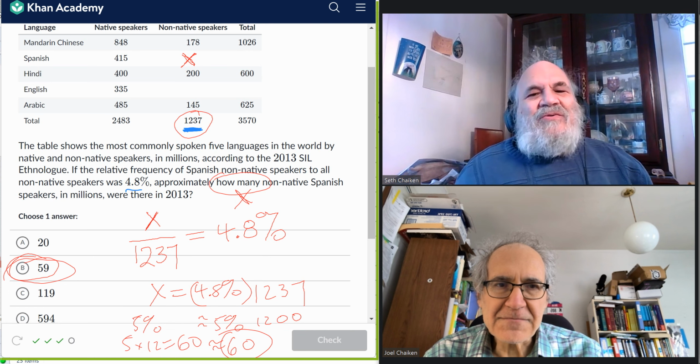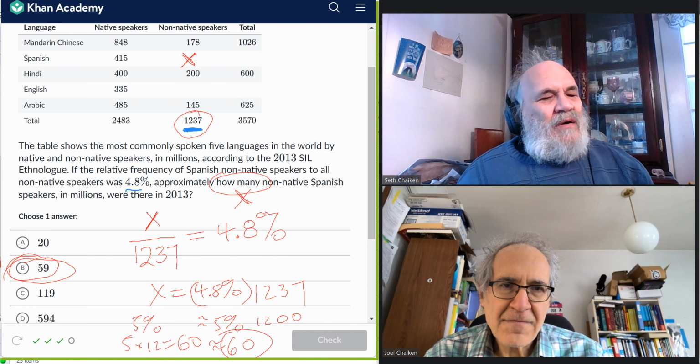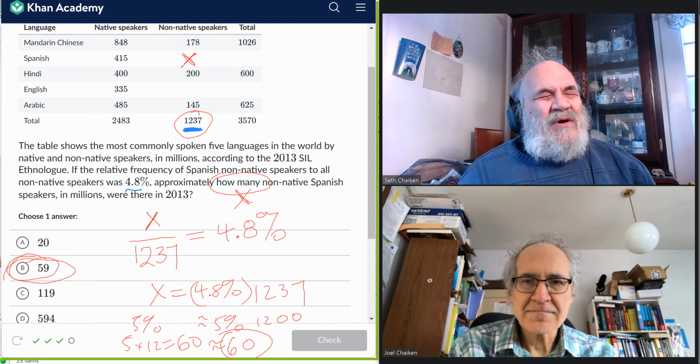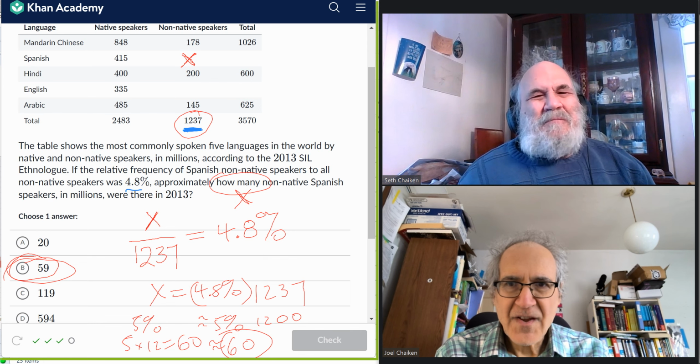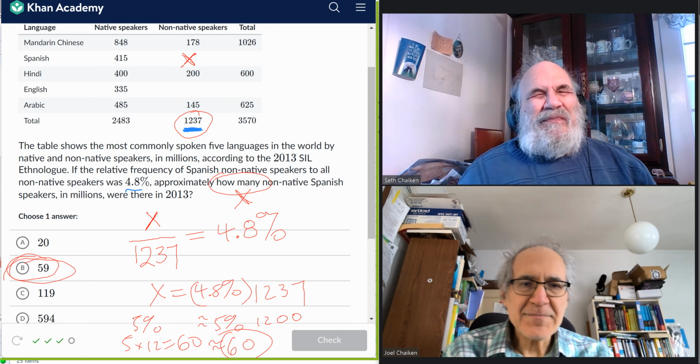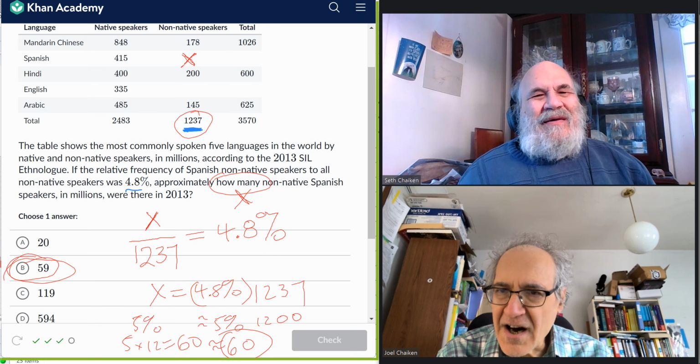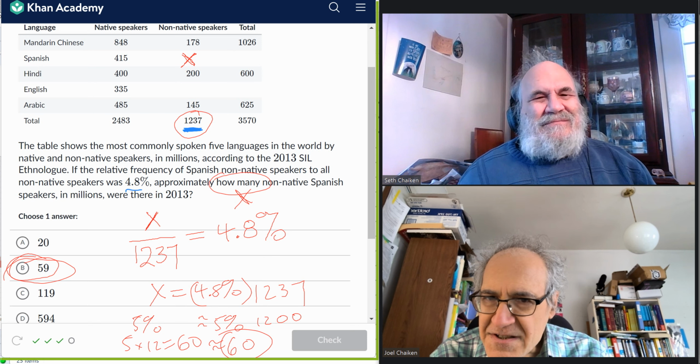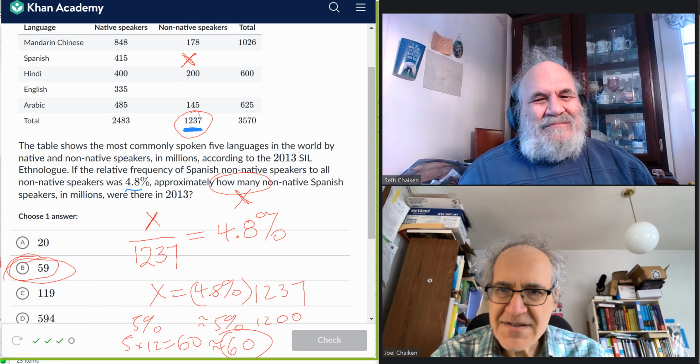The follow your nose problem with a table with missing data, applying the definition of relative frequency.